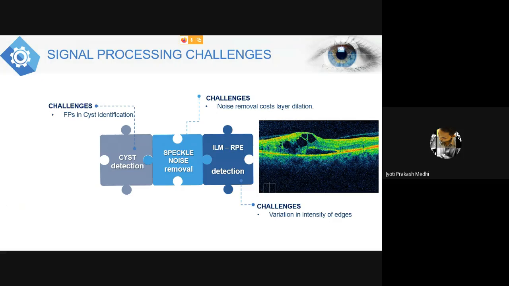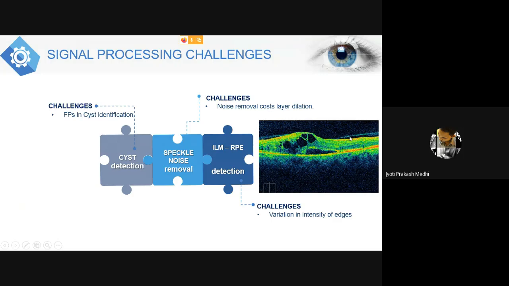Then the second challenge that lies in ILM and RPE layer detection is the variation of intensity in the edges. For example, if we are using a normal image processing algorithm to identify any edge, then we have to select a threshold. That threshold might not be proper for a particular layer itself. As we can see in this image, in this region the intensity is slightly different from the intensity in this region, but both of them are the same ILM layer.